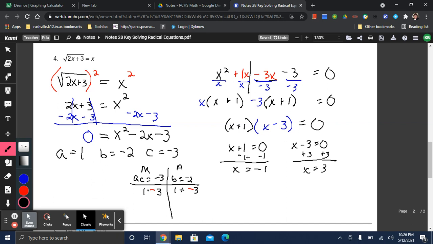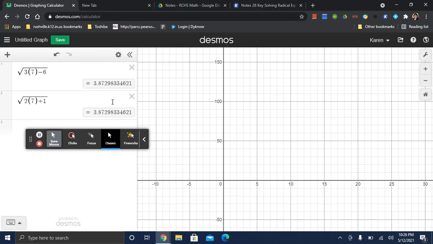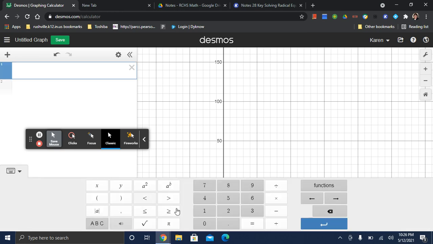So I'm going to check the -1 using Desmos. I want to put it in the original problem. 2 times -1 plus 3 inside the square root. So inside the square root, 2 times -1 plus 3.